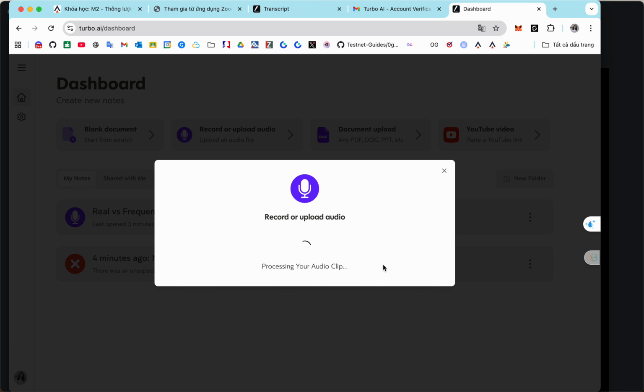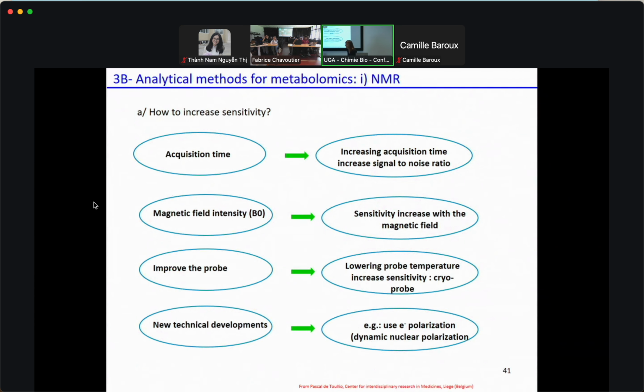The highest is 28 Tesla, but the cost of the machine increases exponentially with the magnetic field, from hundreds of thousands of euros to millions and millions. So this is a problem.